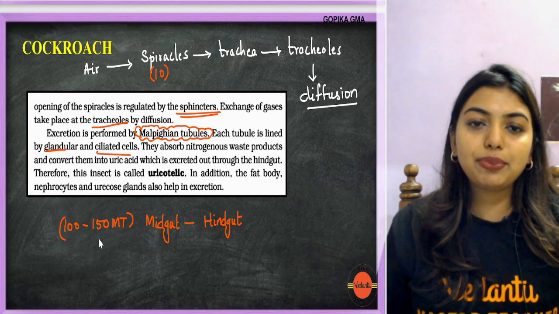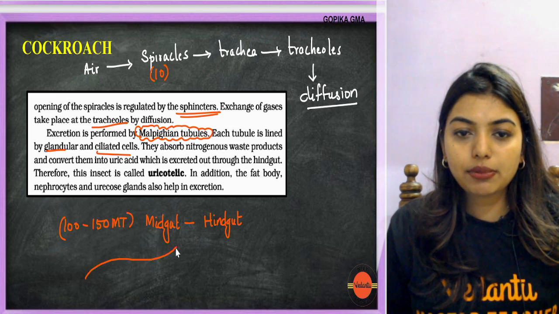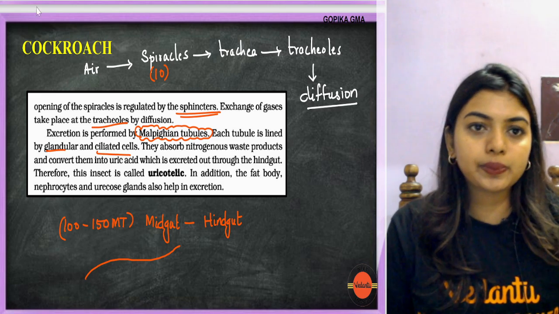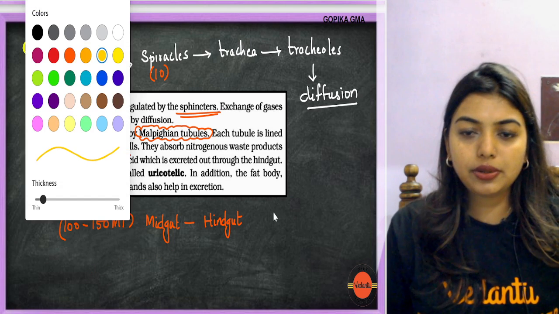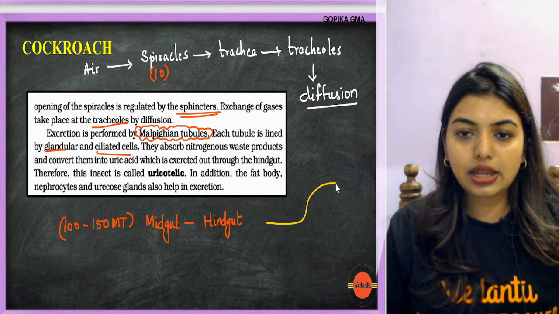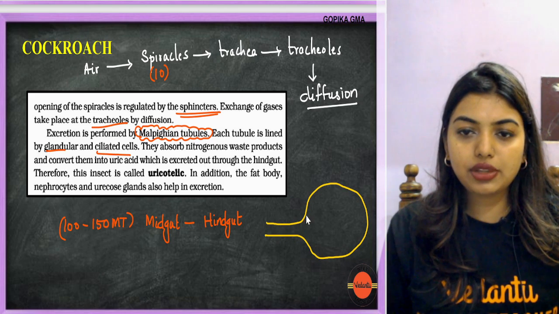Okay, so very important, each Malpighian tubule. Now if I take one Malpighian tubule, I will draw the Malpighian tubule like this. Each of them is lined by ciliated epithelium.